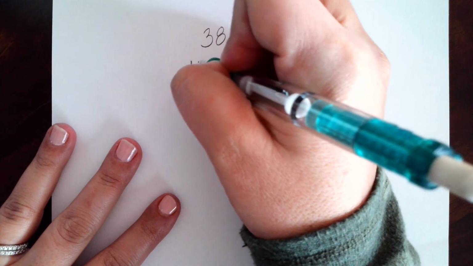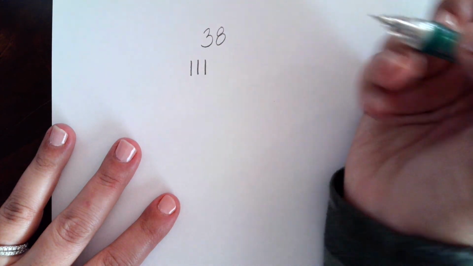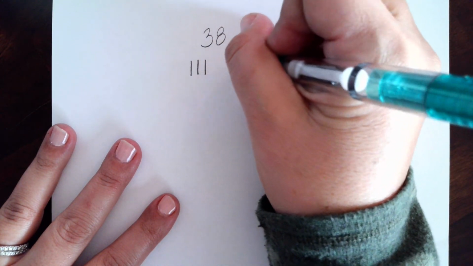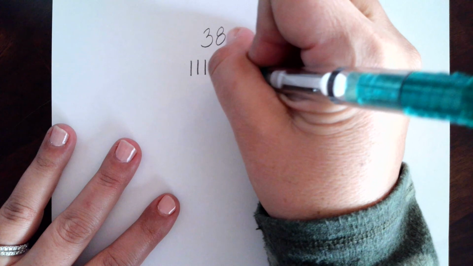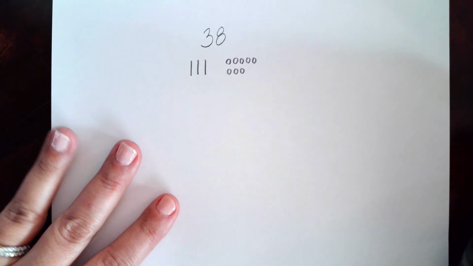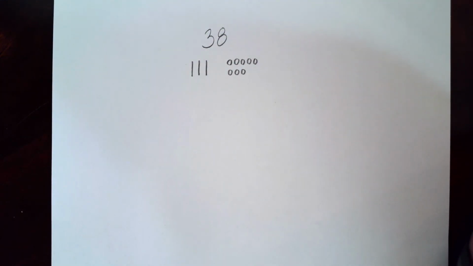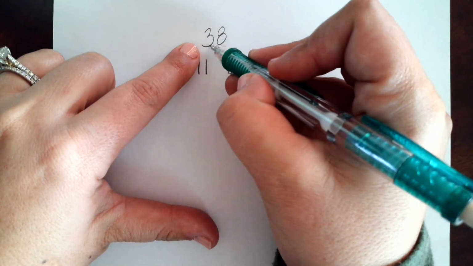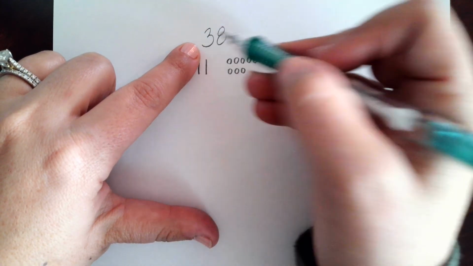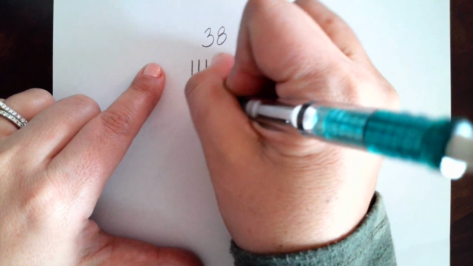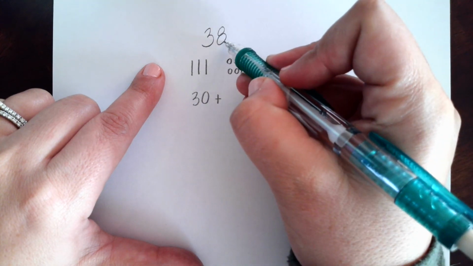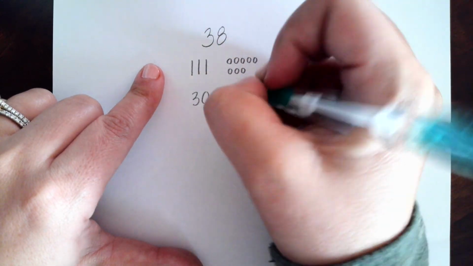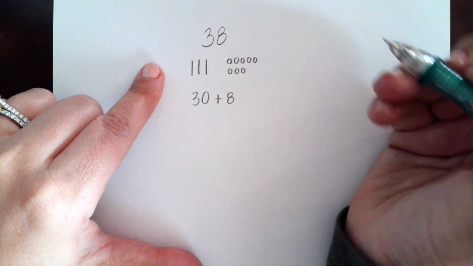So I can have 3 10 sticks and I can draw 8 ones. And then if I wanted to turn it into expanded form, I hear 30 right there, and I know it's 10, 20, 30. So 30. And I know my ones town is always the actual number, so it's an 8.